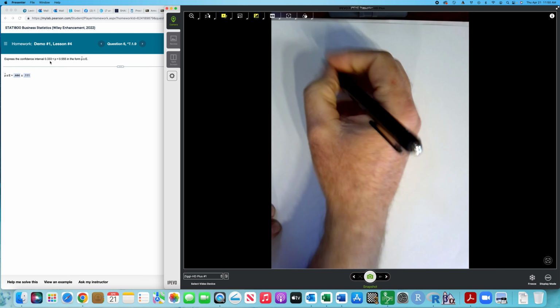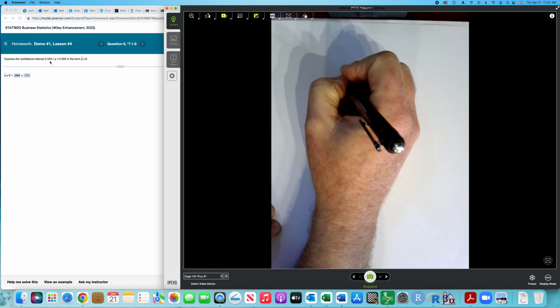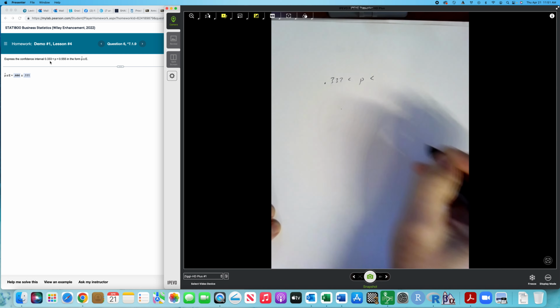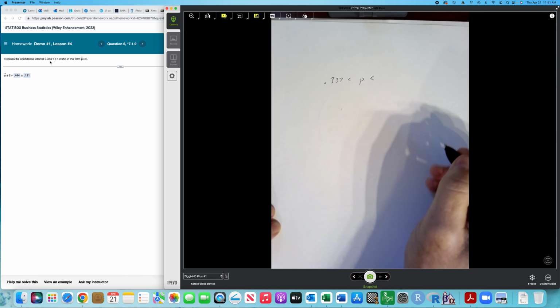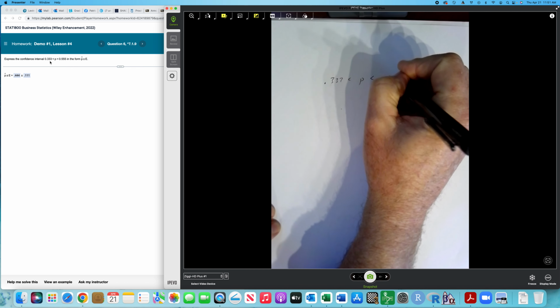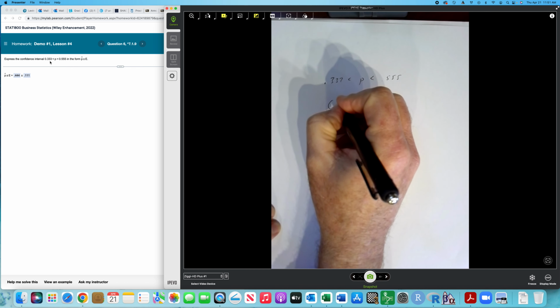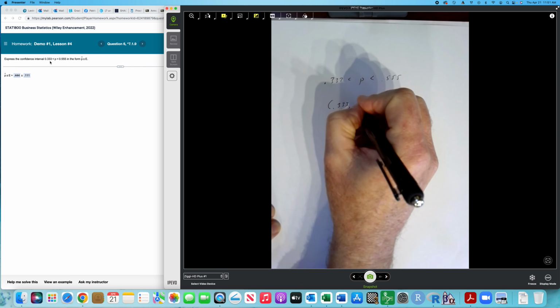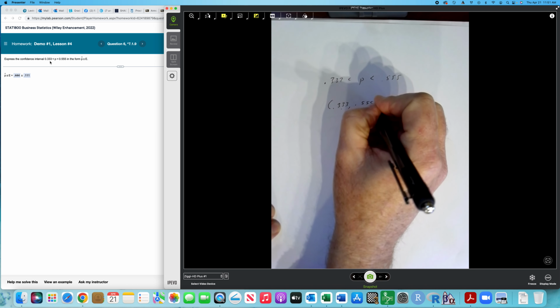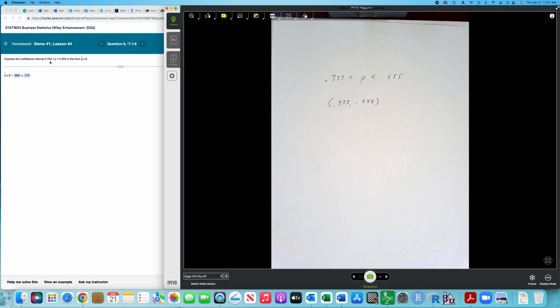What they have given is 0.33 less than p less than 0.555. This is equivalent to writing it in the standard confidence interval form.